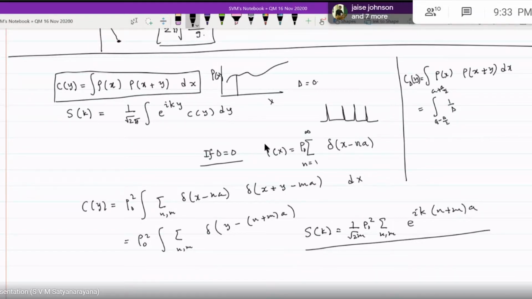Then you have x, and you have a fixed distance y. So you start from here, and what is the correlation between the density at these 2 points? Now you go to this point and ask again what is the correlation after y. Now you go on changing x, but fix your y. That will tell you what is the density correlation. So does that come under statistical mechanics?